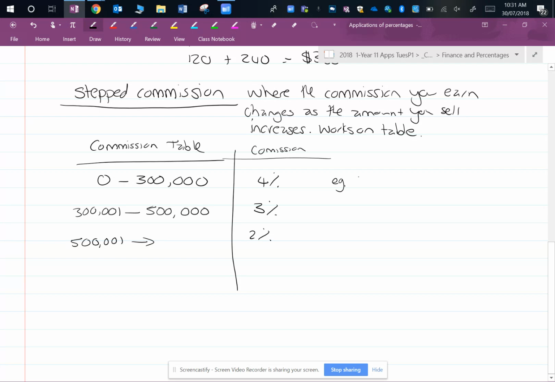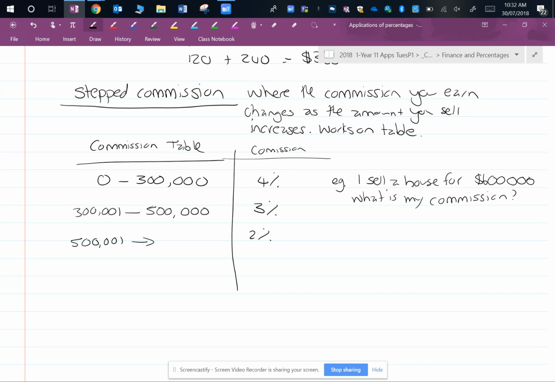E.g., I sell a house for $600,000. What is my commission? Right, so $600,000. Now, the first $300,000 I get 4% on.